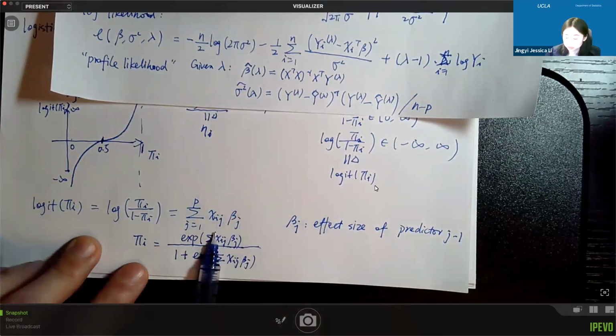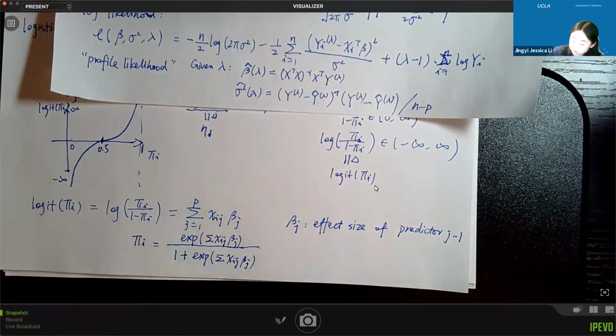So this is the relationship between these two. Basically what this beta j has as an effect on pi i is through this function. When you increase beta j by 1 unit, you are increasing the exponent in the exponential function by 1 unit, and then it's affecting pi i through this complicated exponential divided by 1 plus exponential function. And that's affecting the probability that your yi is taking value 1.